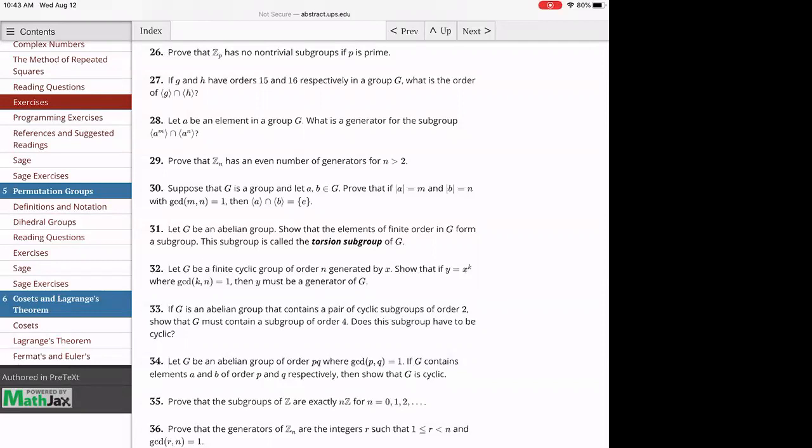The argument's completely the same though, except you don't use... What if the GCD of M and N is greater than 1? So the order can have multiple choices. So we will choose the smallest one as the order of the intersection. I mean, it'll depend.